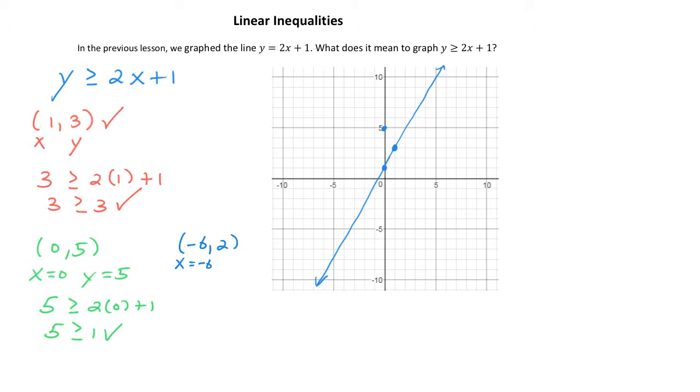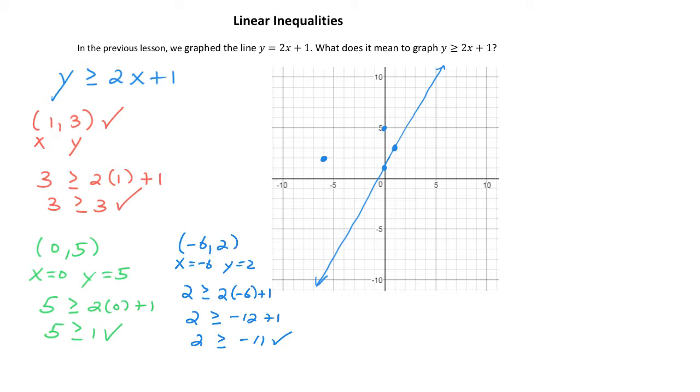That's x is -6, y is 2. So I get 2 is greater than or equal to 2 times -6 plus 1, or 2 is greater than or equal to -12 plus 1, or 2 is greater than or equal to -11. Okay, that's clearly a true statement.